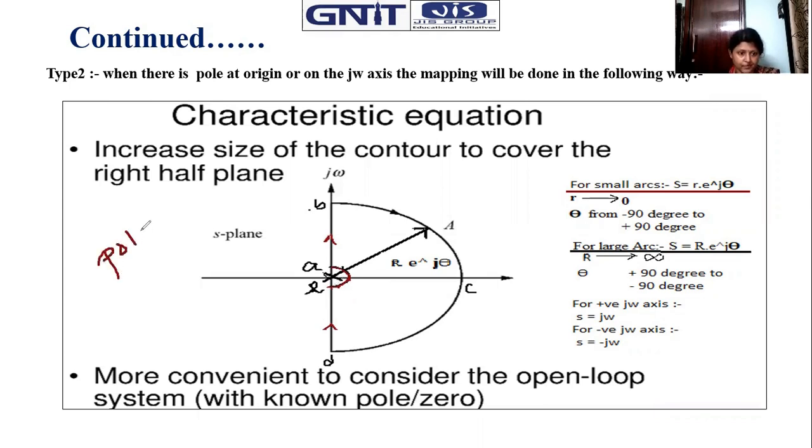Now for the ABC part, it's very simple. As it is a radius R, we represent s equals R e to the power j theta. What will be the range of R?